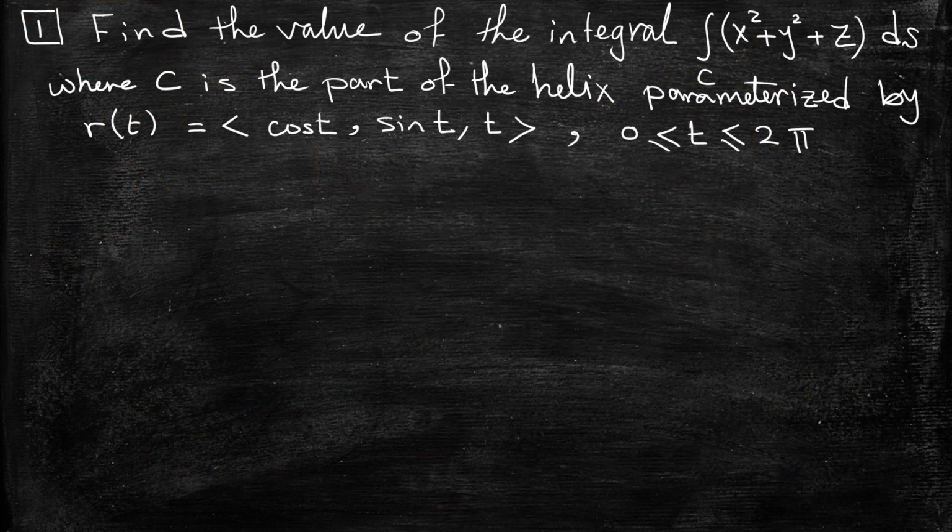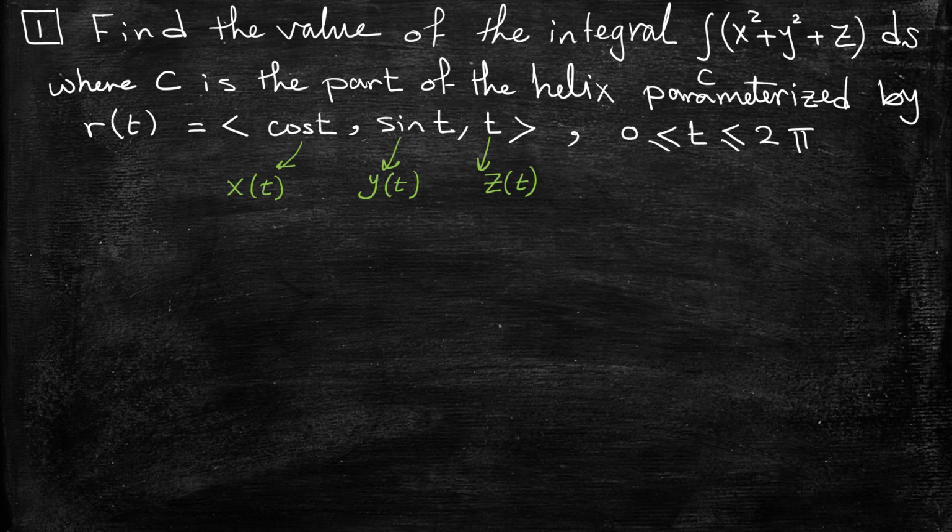Here it's required to find the value of the integral of x squared plus y squared plus z ds along the curve C, where C is given as part of the helix parameterized by r of t, defined by cosine t, which represents x of t, sine t, which represents y of t, and t, which represents z of t.